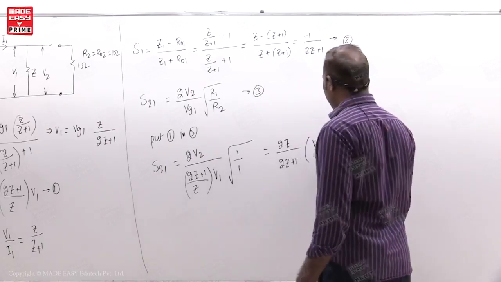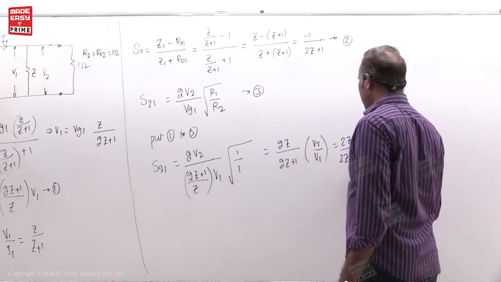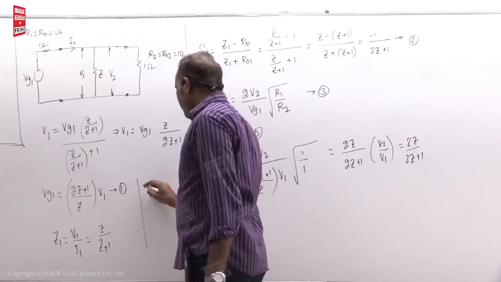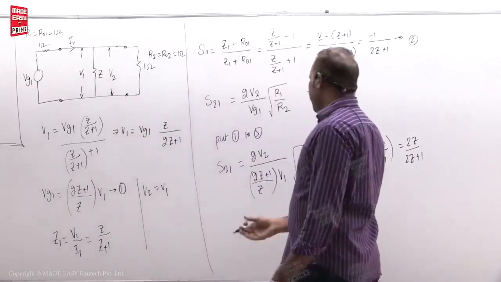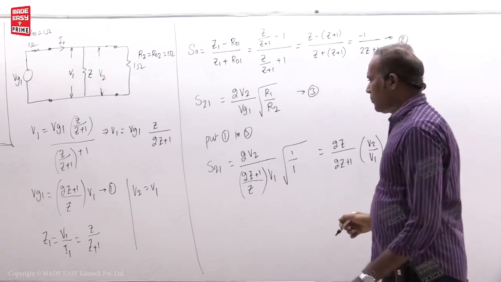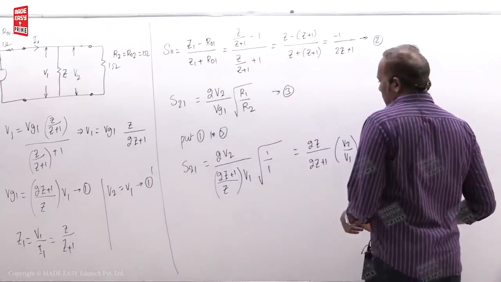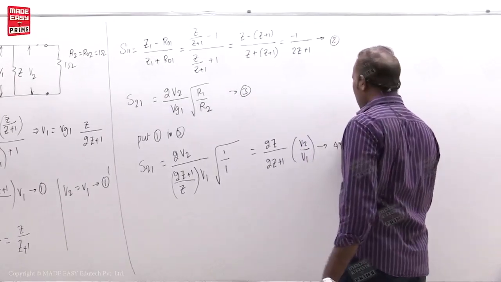So students, here V2 by V1 is 1. So ultimately 2z by 2z plus 1 you get, because here V2 is equal to V1. So V2 by V1, if you want you can put this as equation 1 dash. Okay. So this is, let us say, equation 4.